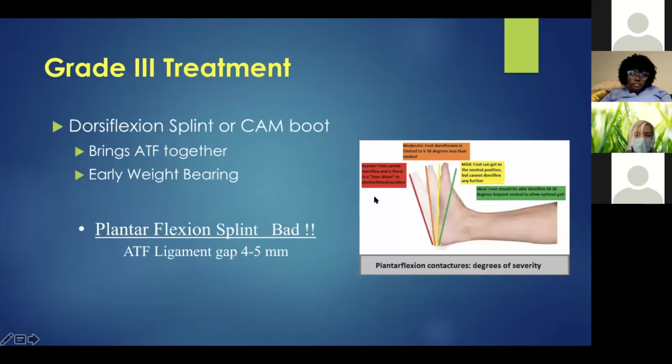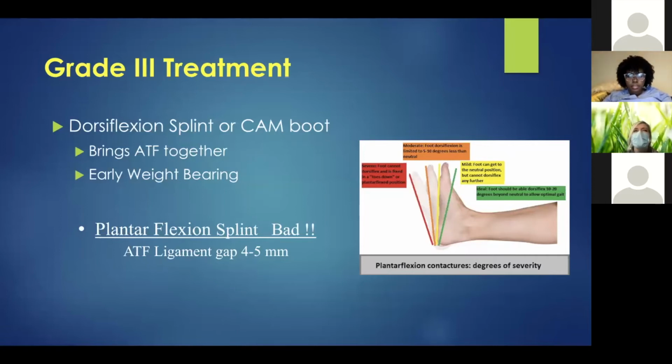So why do we put people in a boot? Because again, it brings the ATFL together. You can imagine if the foot is in plantar flexion, the ATFL ligament is found to have a gap of several millimeters. So again, our goal is really, even in a full thickness tear or grade 3 sprain, we really are trying to maximize the chance of them healing.